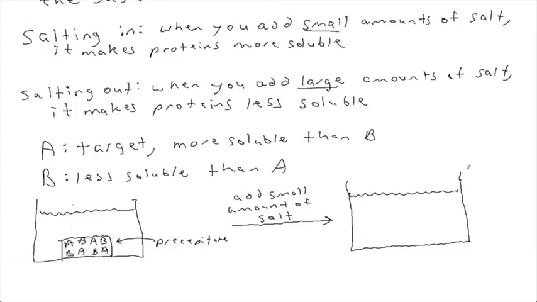It's going to dissolve. That's right. When the precipitate breaks apart, that's called dissolving. So by adding a small amount of salt, we allowed the precipitate to dissolve. So now the protein is floating around as separate molecules, because the salt made it more soluble.